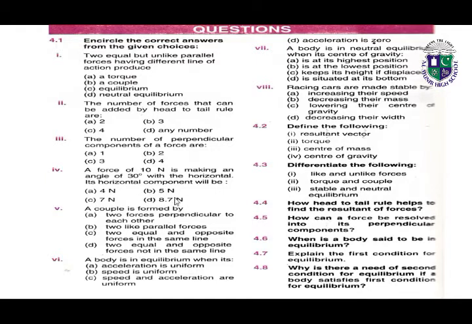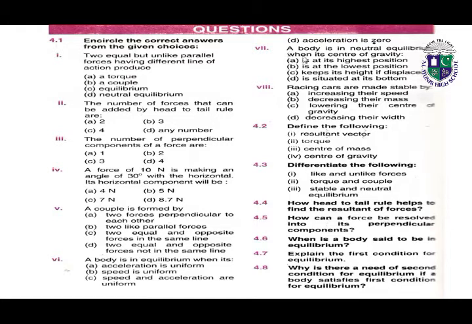Here we have the answer. 5. A couple is formed by, answer of MCQ number 5 is C, two equal and opposite forces in the same line. Part number 6. A body is in equilibrium when its, answer is B, speed is uniform.